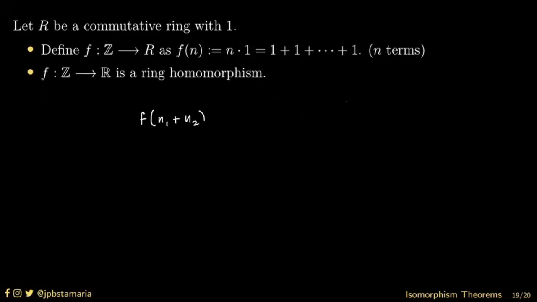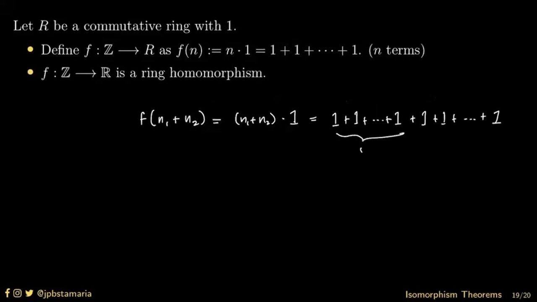You can check that f is a ring homomorphism kasi pag meron kang dalawang integers, n1 and n2, when you add, this is n1 plus n2 times 1. Ang ibig sabihin niyan, gagawa ka ng kopya ng 1, n1 plus n2 times. So parang ganito, 1 plus 1, ito n1, ito n2.